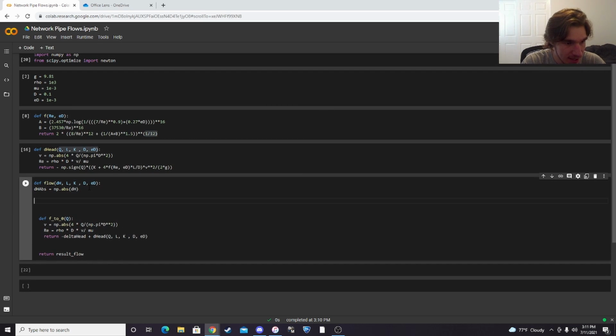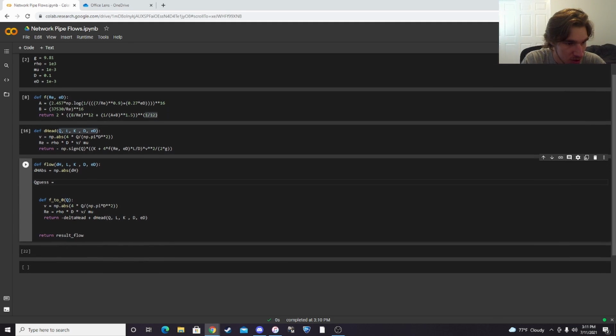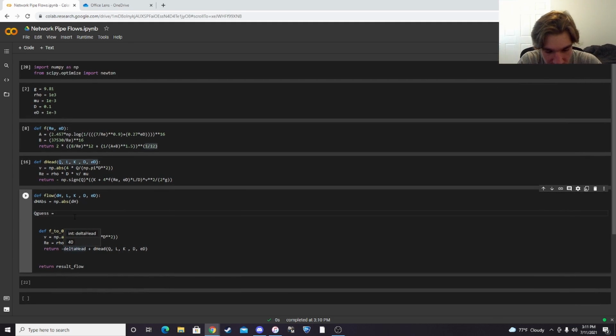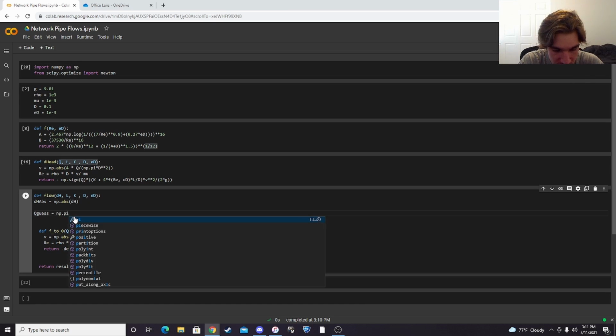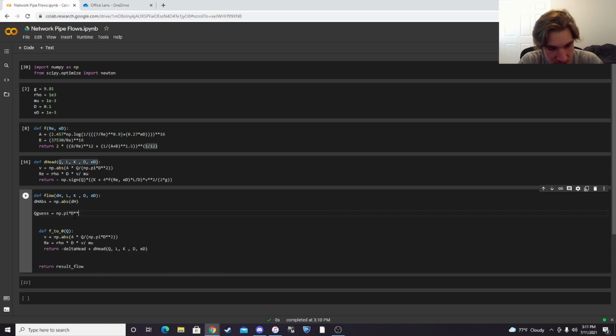Alrighty, and now what we're going to need in order to use our Newton function is a QGuess. And for our QGuess, we're going to be using numpy.pi times d squared over 4, the area, and this is going to be times our velocity, which we found right here, which is negative delta h.